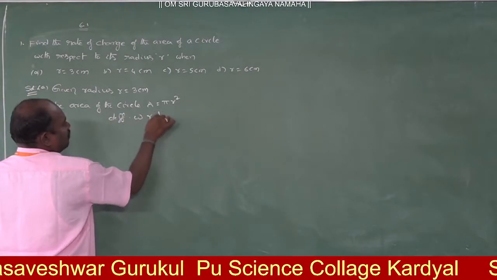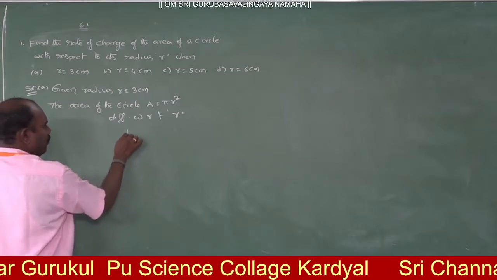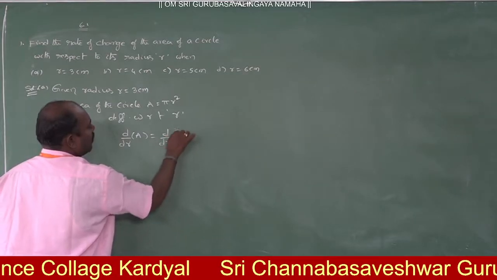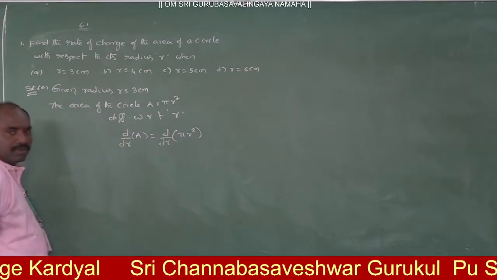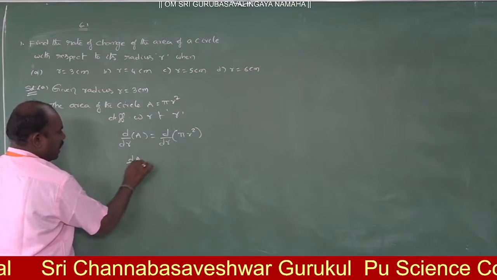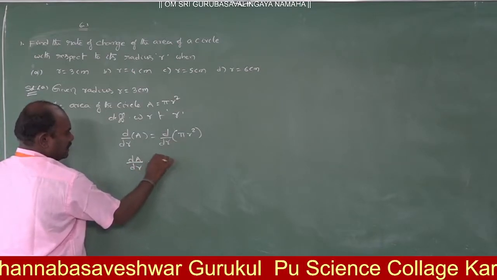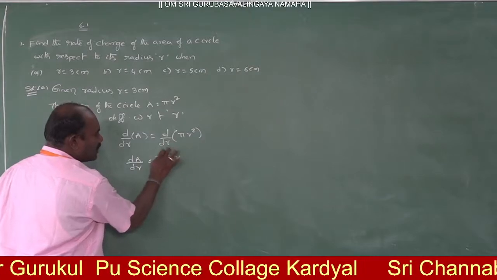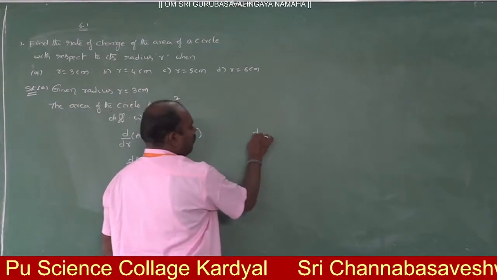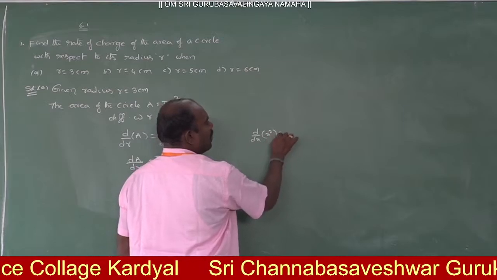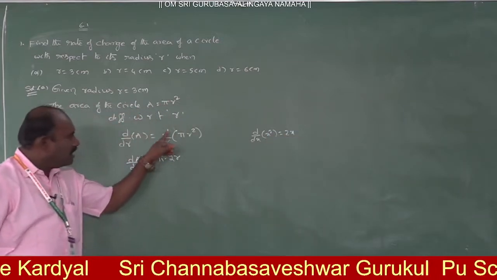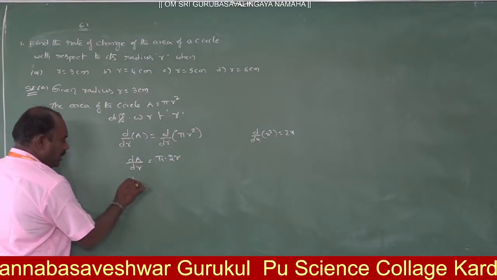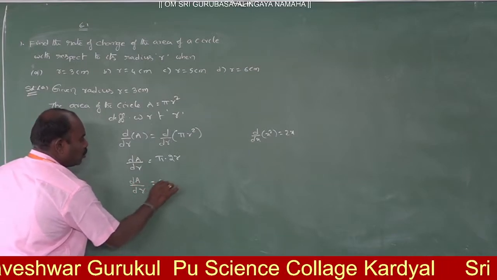Therefore d by dr of A equals d by dr of pi r square. So dA by dr equals, where pi is the constant, differentiation of r square equals 2r with respect to r. d by dx of x square, what is the formula? 2x. Same way d by dr of r square means 2r. Therefore, the value of dA by dr equals 2 pi r.